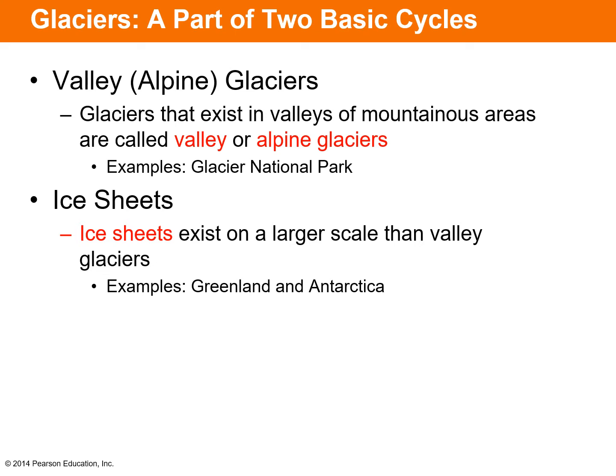One of the other most common types of glaciers are ice sheets, and ice sheets exist on a much larger scale than valley glaciers. Instead of conforming to a valley, an ice sheet is so massive that it moves over top of mountain ranges and plateaus and valleys, all of it. Some examples of this on modern day Earth are in Greenland and Antarctica.